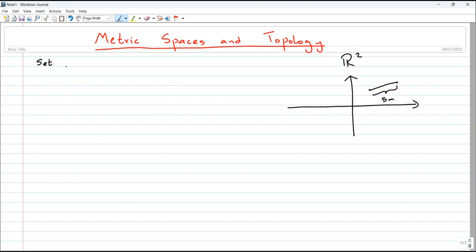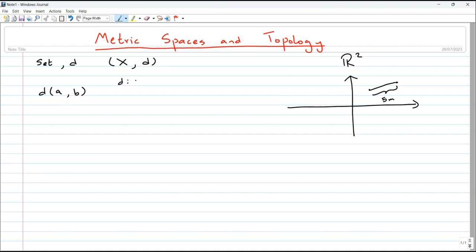So we have a set, and we have a distance function d. We normally denote it as (X, d), where X is the metric space and d is the distance function. And this d has to satisfy certain properties, because a distance from a point A to a point B is a non-negative real number.